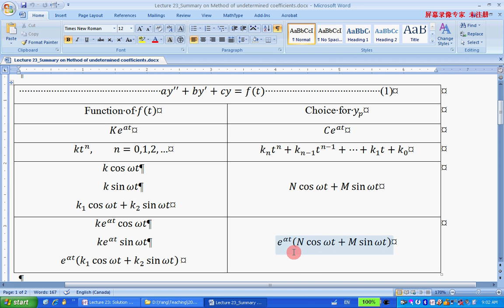Now look at the last one here. When you have k e to the power of at, your guess is c e to the power of at. Now here is k e to the power of alpha t times cosine and sine. But look at this one here. I don't have any k here anymore, and I don't have any c here.